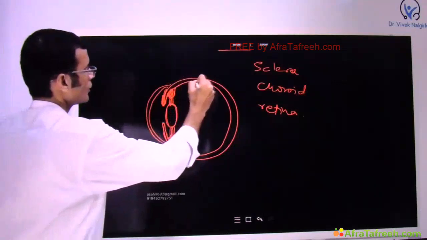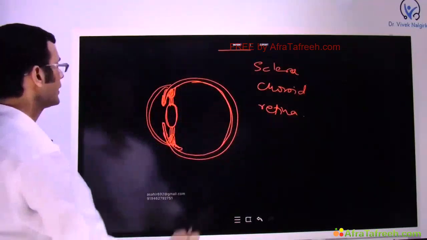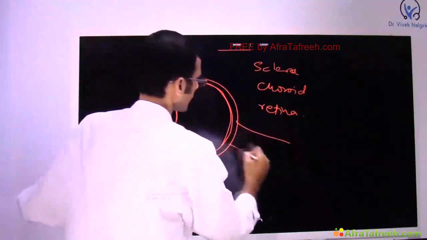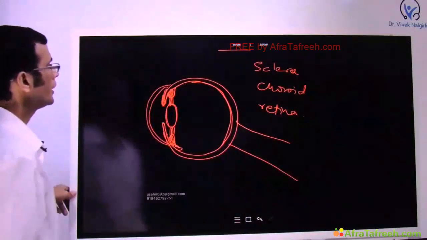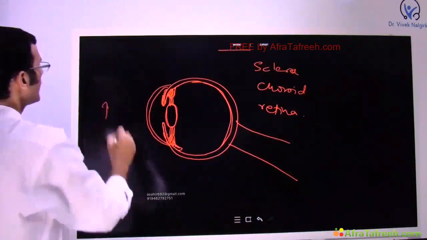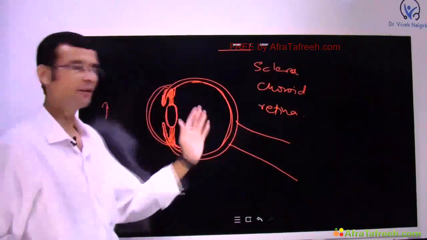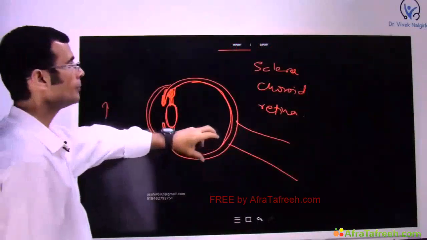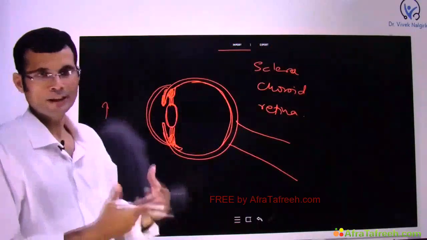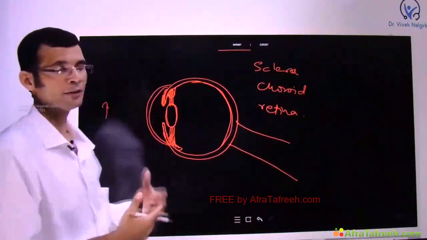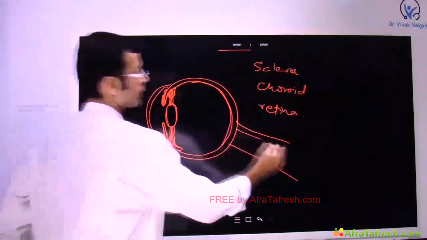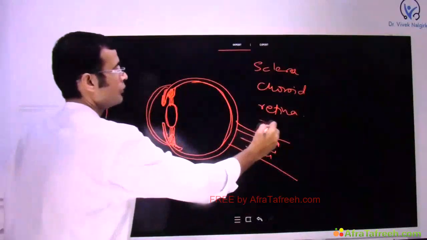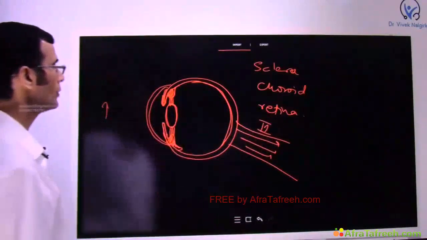That's the structure of the middle coat, and then the inner coat would be the retina. Light rays coming from an object will make an inverted image on the retina. There are neural elements in the retina by which the image formed is converted into electrical impulses, which are then carried by the optic nerve to the visual cortex in the occipital lobe.